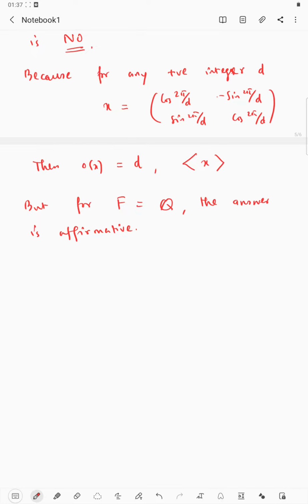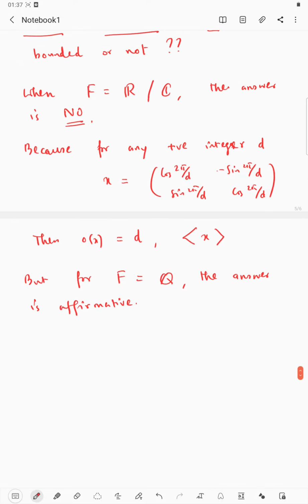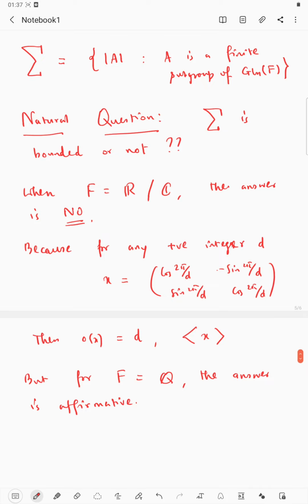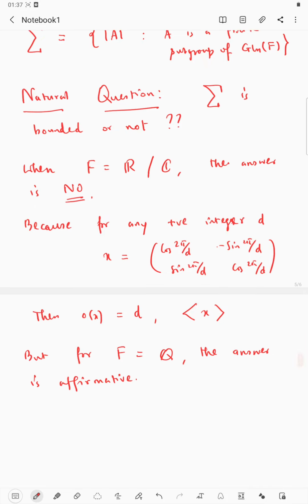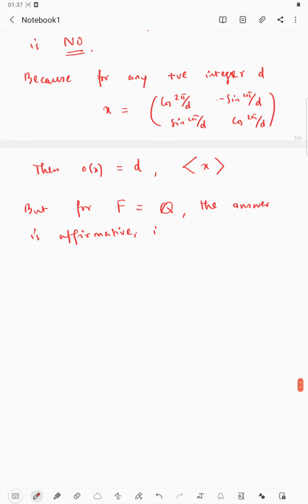So in fact we have an upper bound for sigma when F is Q, that is, sigma has an upper bound depending on n.